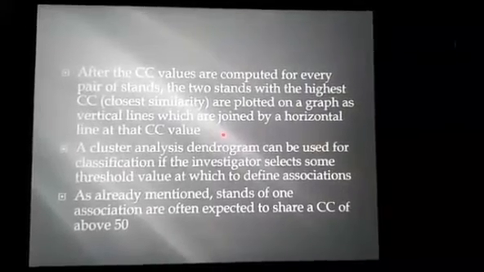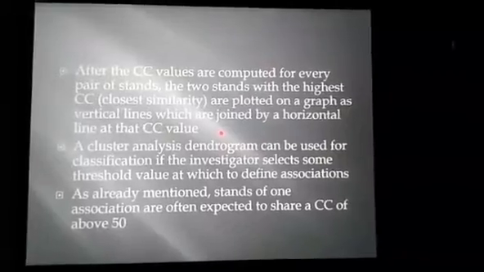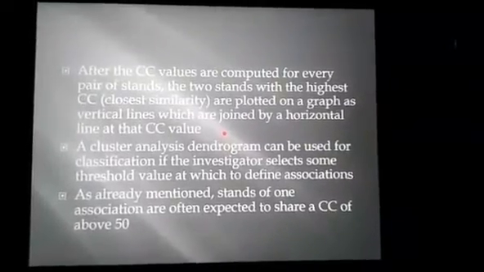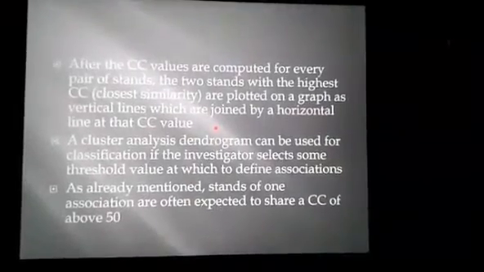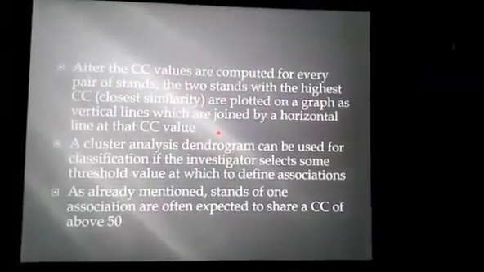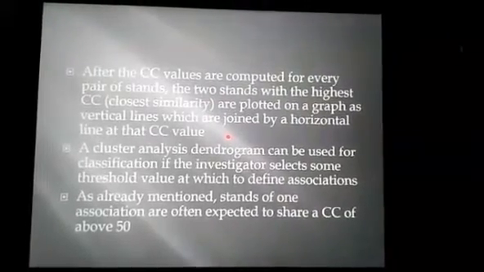After the CC values are computed for every pair of stands, the two stands with the highest CC values are plotted on the graph as vertical lines, which are joined by horizontal lines at that CC value.